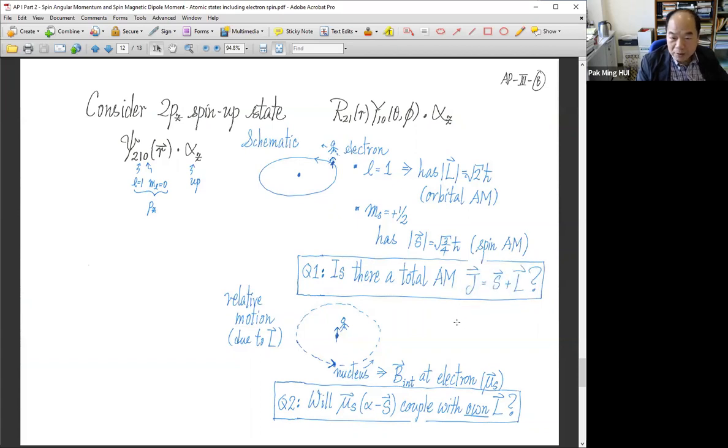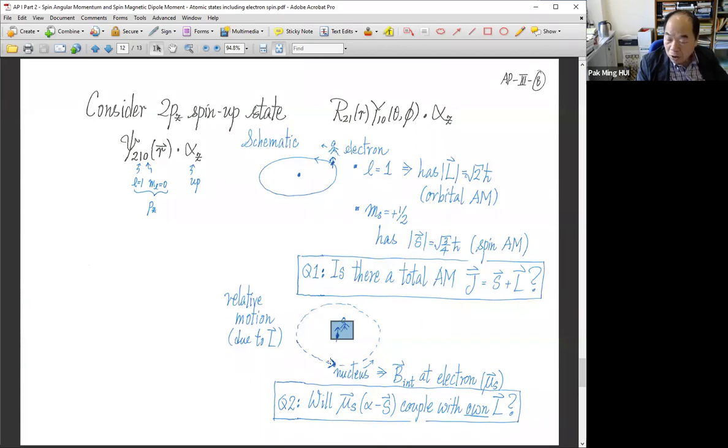Second point, how about this? If I'm sitting on the electron, what I will see is this nucleus circulating around me. See my cross? So I depict it here, I sit here, then I'm seeing the nucleus orbiting about me.